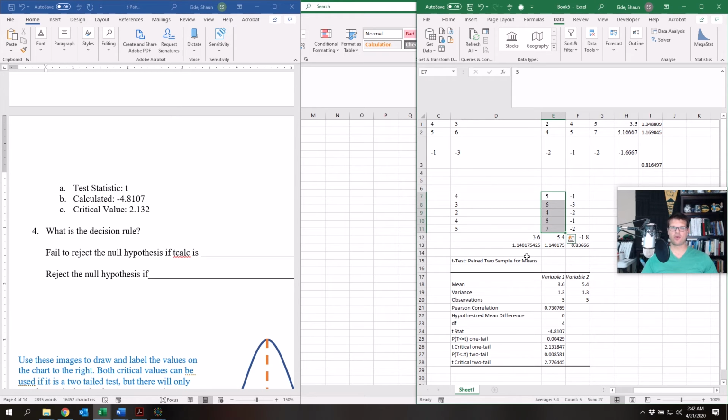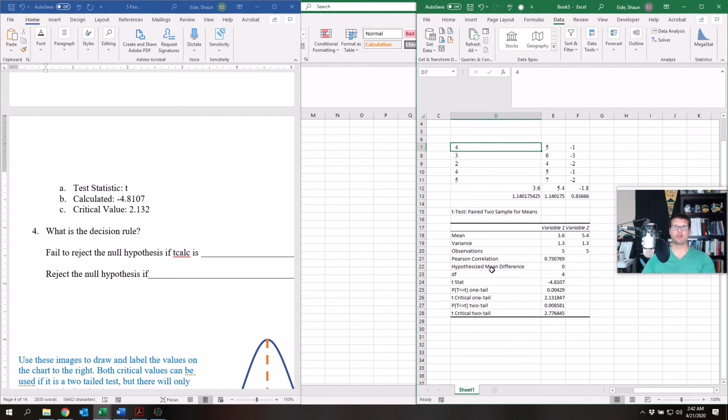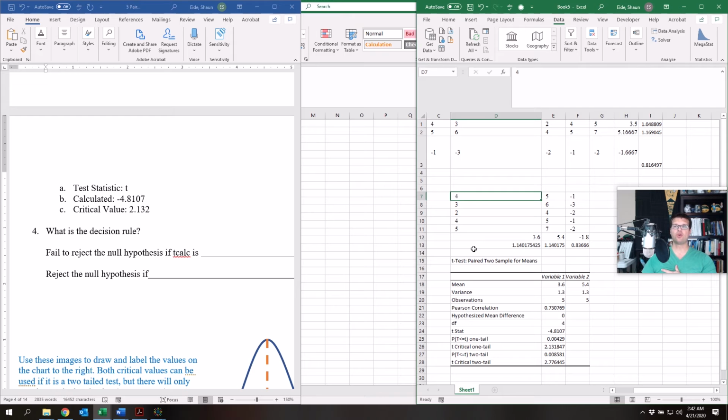I said that it was an upper tail test, but when I put the variables in, I should have put the one that I expected to be greater in first, because whichever one is first, that's the one that you're testing. The way that I have it set up, it's actually a lower tail test, and all the different scores are set up to be a lower tail test.